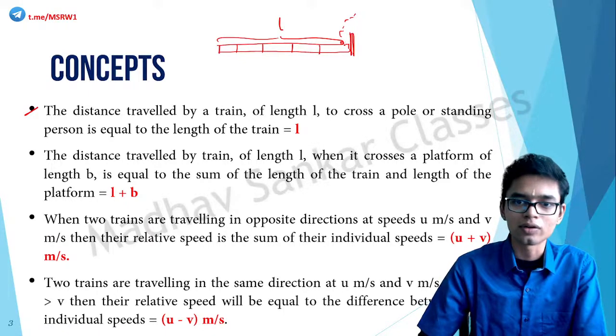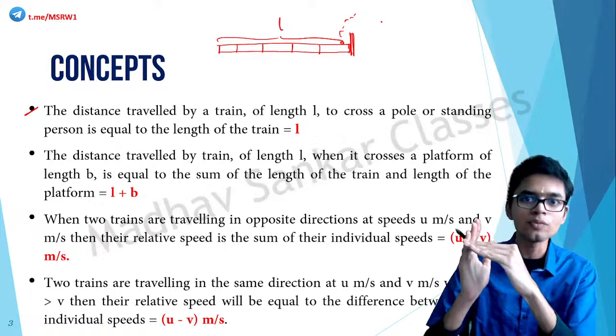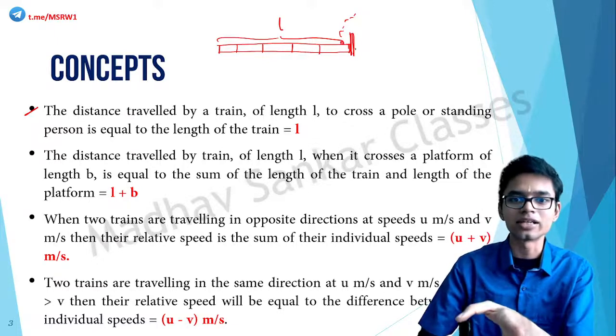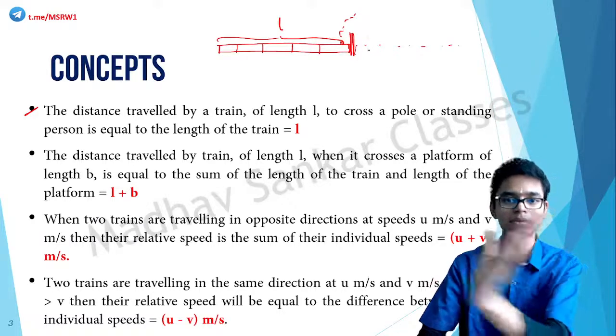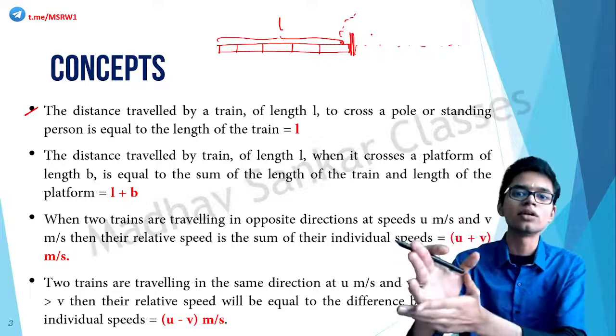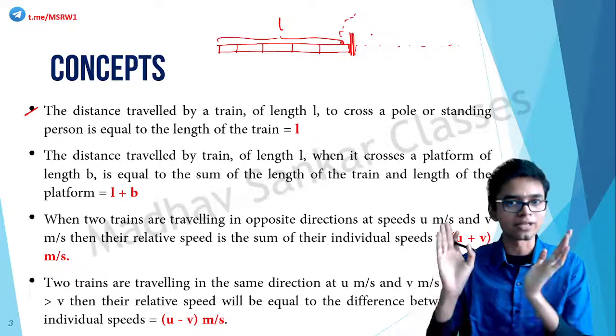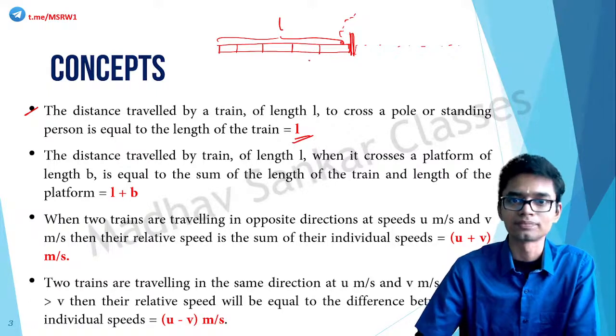When the train is here, it has started crossing the pole, then the entire body of the train will surpass this pole, and finally the tail end will come out of this pole. So the distance traveled by the train to cross that pole is equal to the length of the train. That is why it is simply denoted by small l.